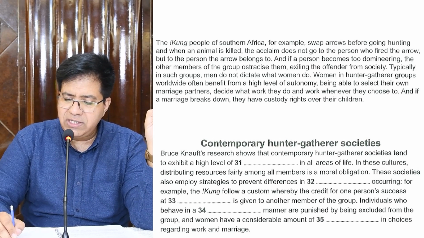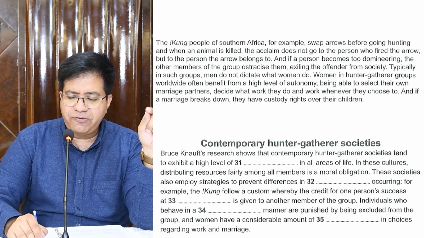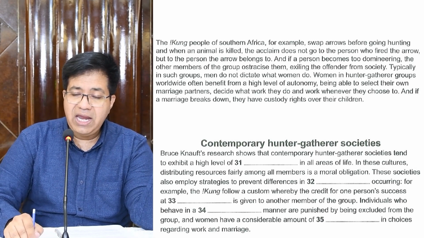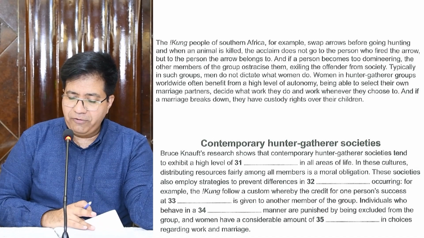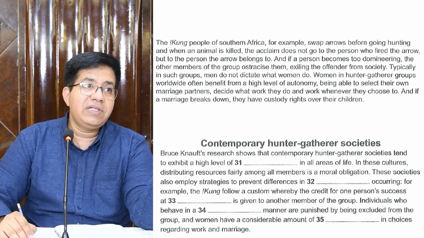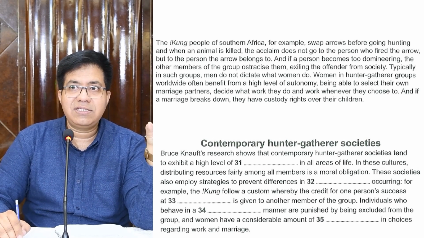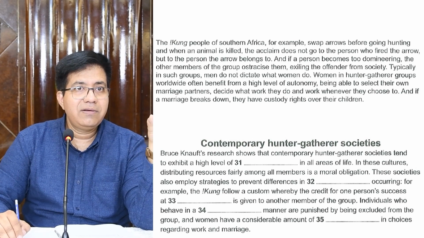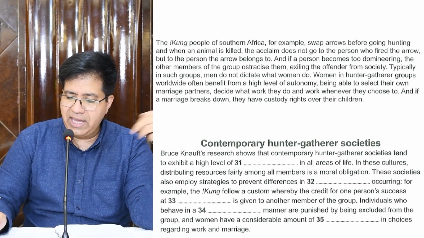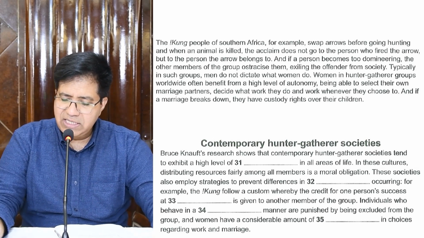Okay, women in hunter-gatherer groups worldwide often benefit from a high level of autonomy. High level of. And what is the word for that? Considerable amount of. And you will see this in IELTS listening also. Autonomy means free will, their own will, in choices regarding work and marriage. So the correct answer is autonomy.